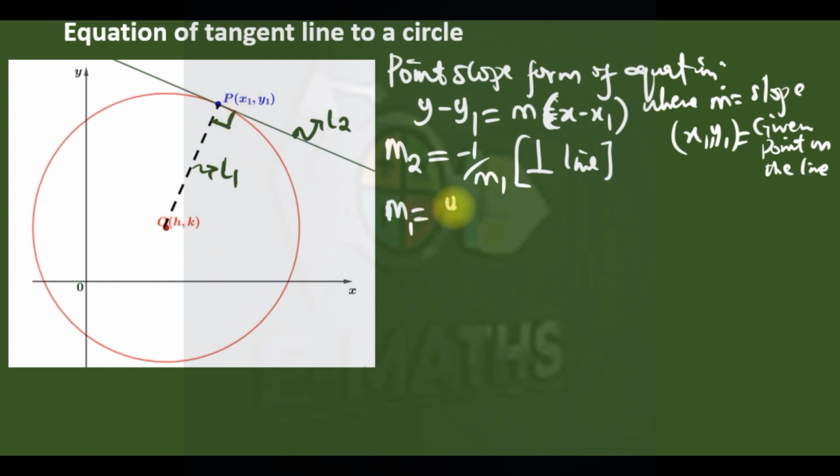It is change in y over change in x, that is y1 minus k over x1 minus h. That's the formula for slope.